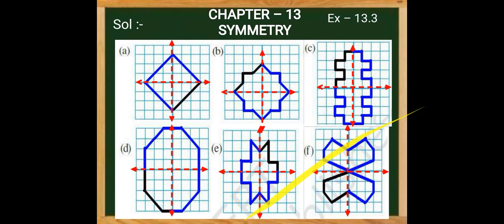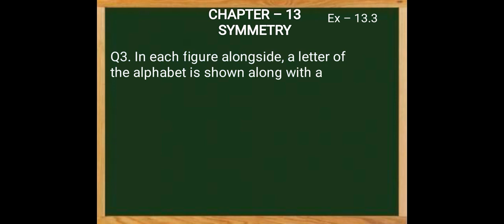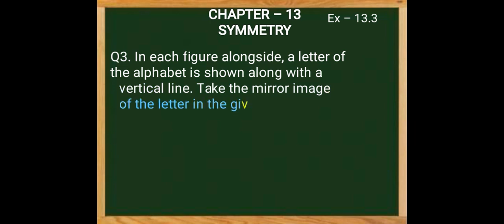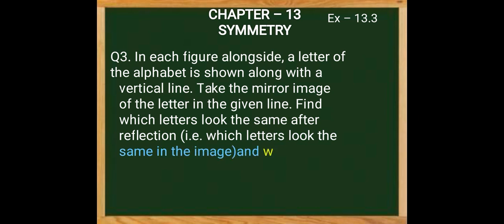Alright, so I'm moving to the next question. Question number 3. In each figure alongside, a letter of the alphabet is shown along with a vertical line. Take the mirror image of the letters in the given line. Find which letters look the same after reflection, that is, which letters look the same in the image and which do not.